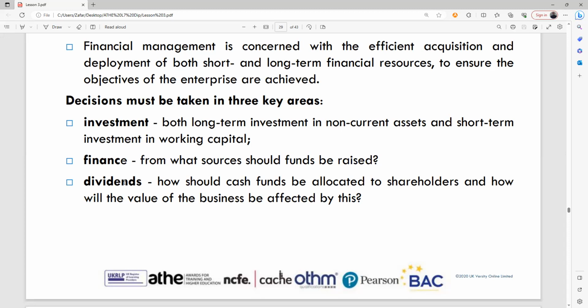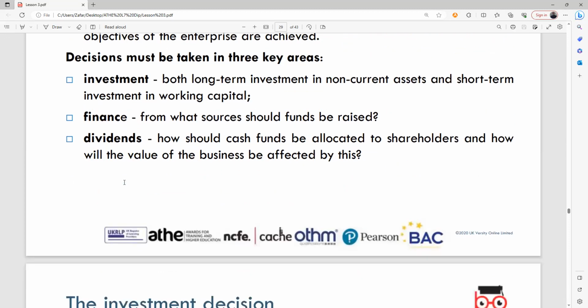Your allocation of dividends, that is, how you are going to pay your investors, and what considerations you are going to take into account when you satisfy your stakeholders. So when you take decisions, you have to do these things.